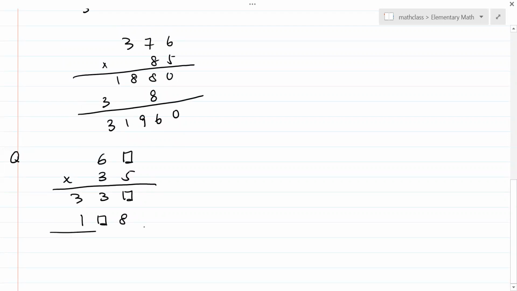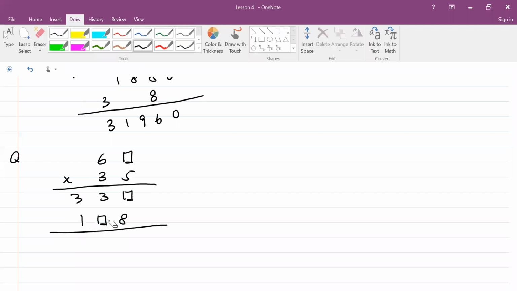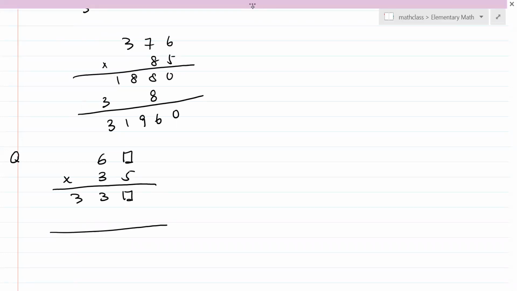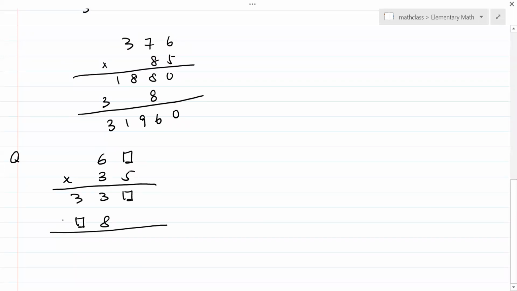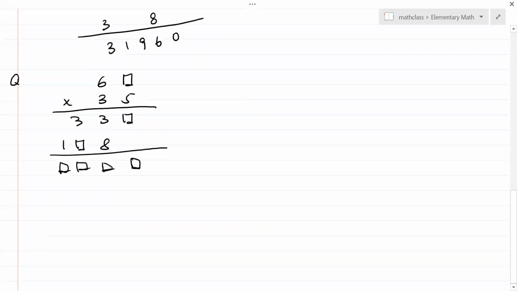Okay, and then add them together. Oh, let's see. This is multiplication. So I get 8. Right? Then have 8. Right, so let's figure out all the numbers.